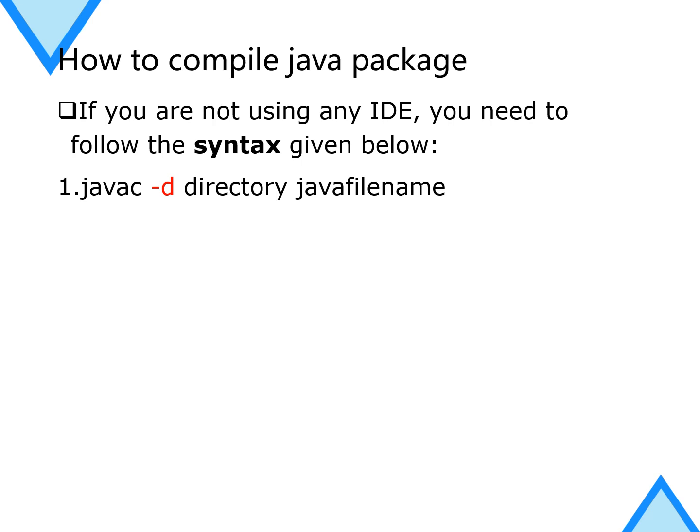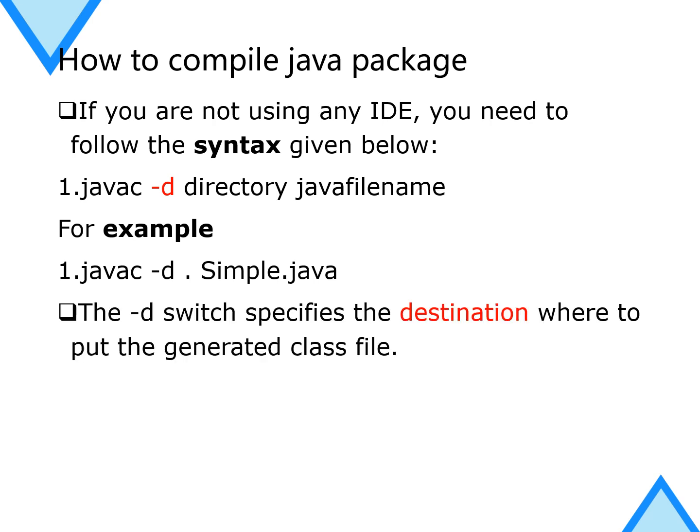Similarly we will do here, but one thing more: we also need to write a switch. Here -d is a switch. For example, javac -d . Simple.java, where Simple.java is the name of the file or the name of the class.